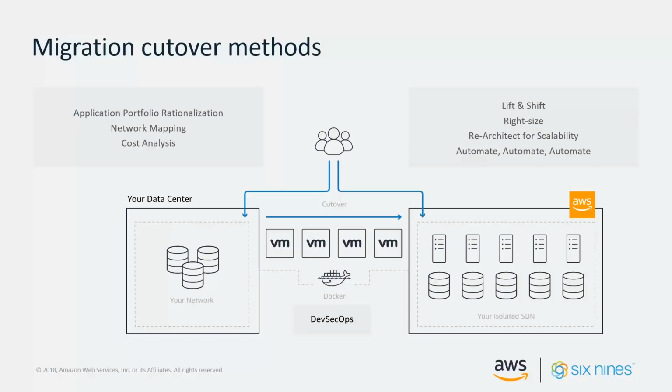From a migration cutover methods perspective, again, there's some work that needs to be done as part of either the adoption framework or in part of discovery and planning, where we look at your application portfolio and really rationalize that. There's a very comprehensive model that we leverage to understand workloads that are ready to move today, workloads that may need to be changed in some way or re-architected, and workloads that may not be a fit, right?